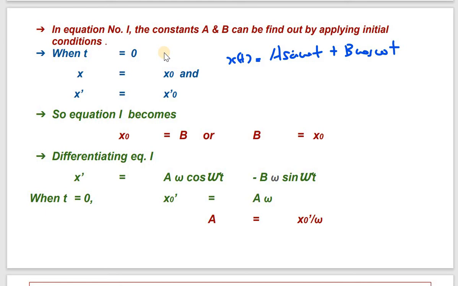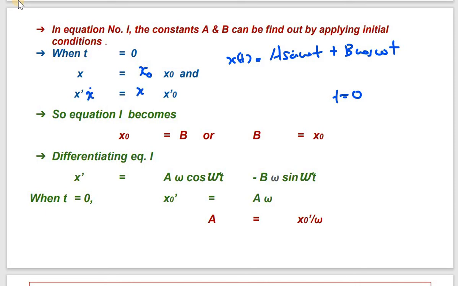So from here, for example, I am considering the system at time t is equal to 0, the initial time. At time t is equal to 0, the initial displacement I represent as x0. Then what will be the initial velocity?